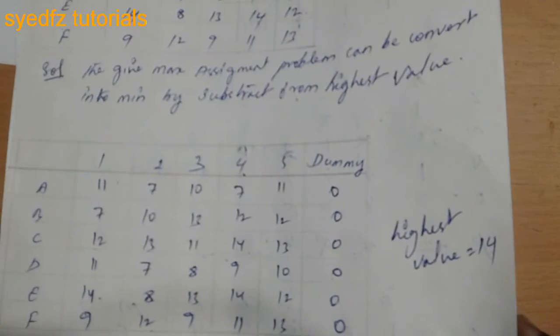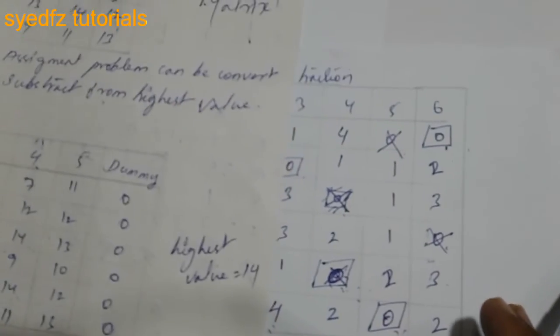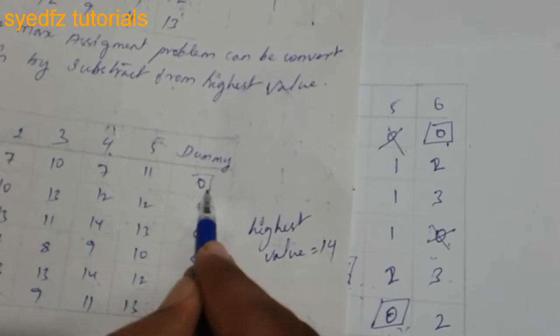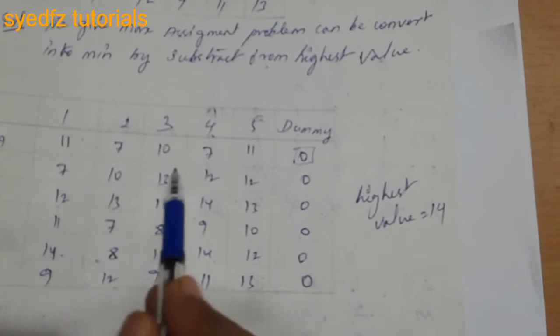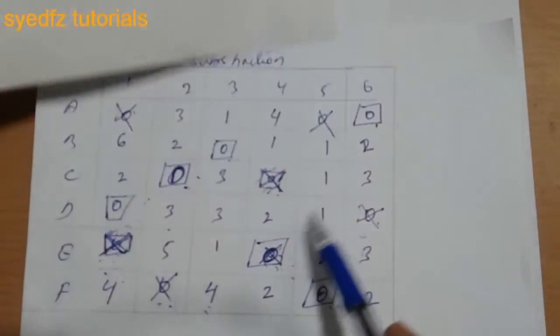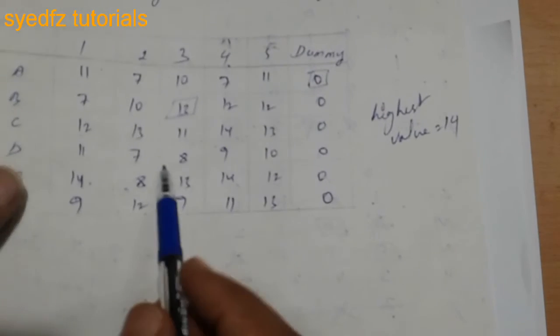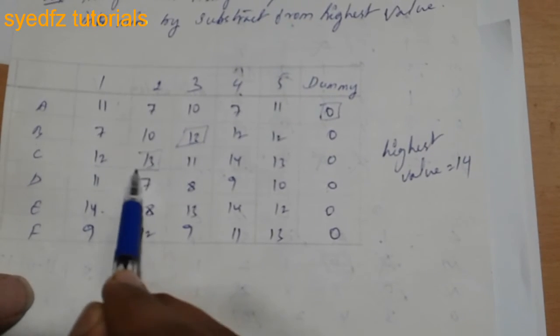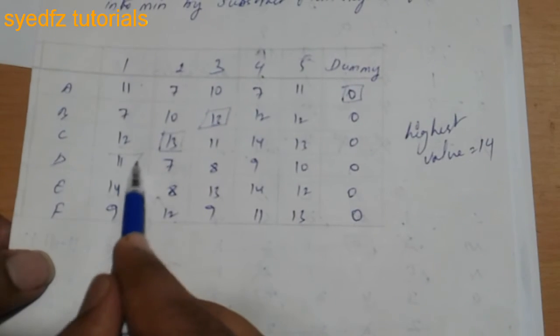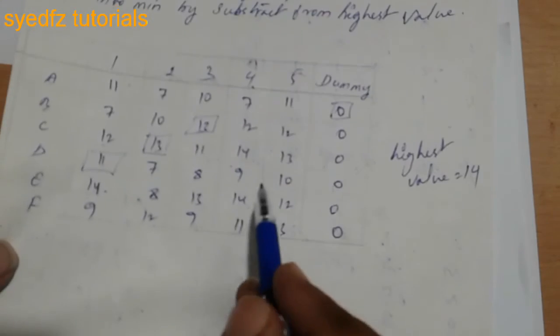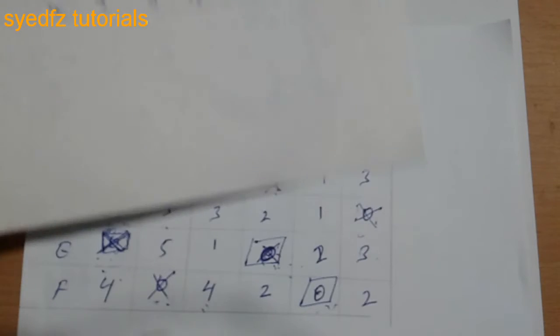This is the question where we have got the points: first this one, and second B3, this is B and this is 3, third C2, this is C and this is 2, fourth D1, fifth E4, sixth F5.